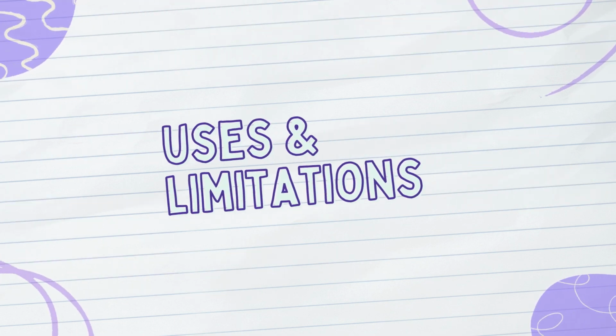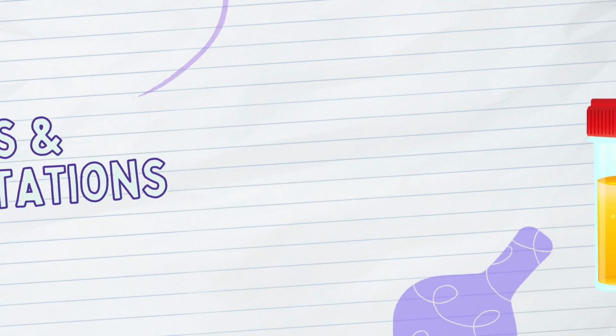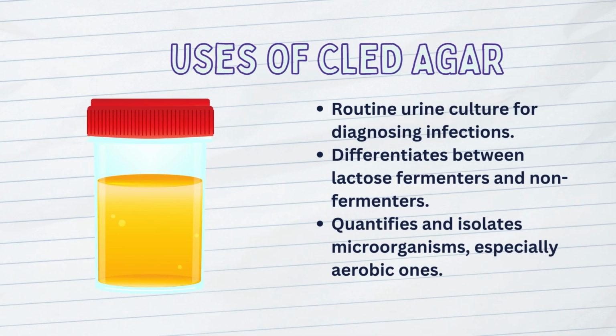Now, going to uses and limitations. So of course, as I've been mentioning, CLED Agar is used for routine urine culture, for helping diagnose patient infections. It differentiates between lactose fermenters and non-lactose fermenters, by using the lactose within the agar itself, plus the bromothymol blue indicator.